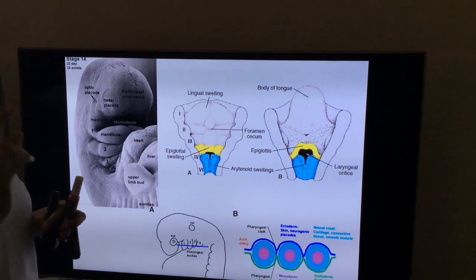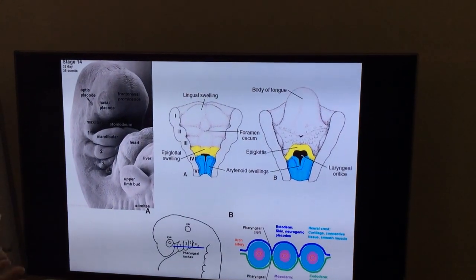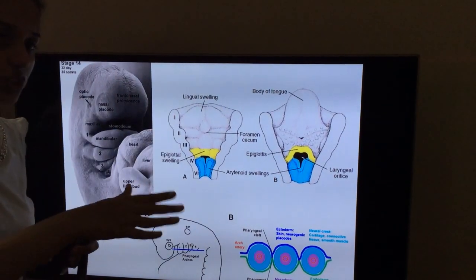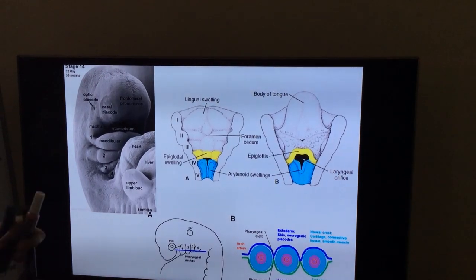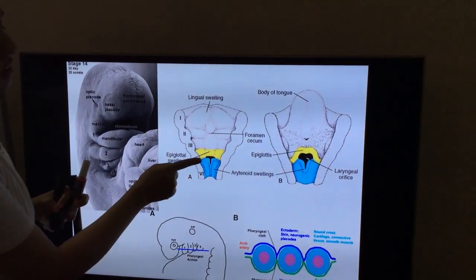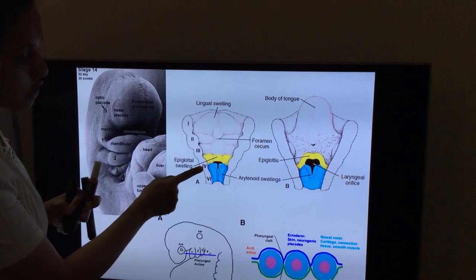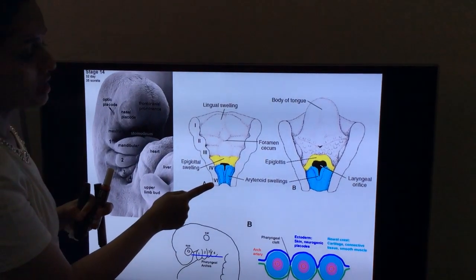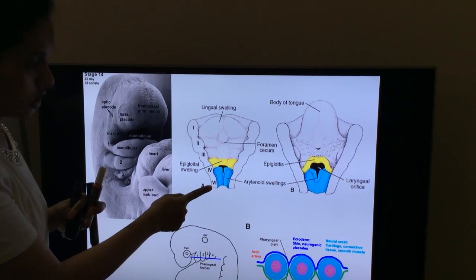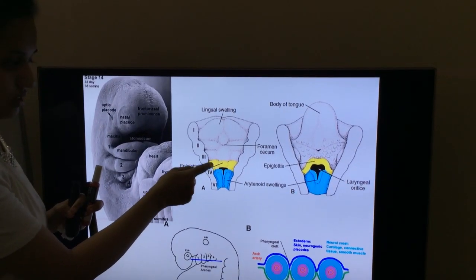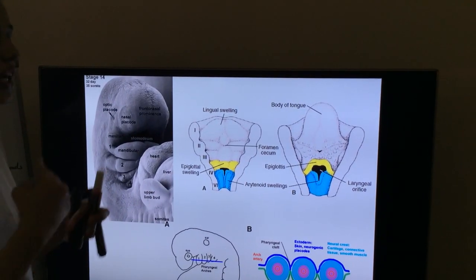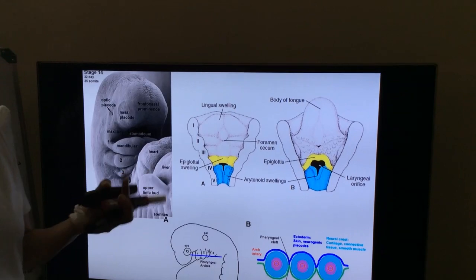Okay, so the two branches of the vagus nerve, one is external laryngeal, that is superior laryngeal, and recurrent laryngeal nerve. Superior laryngeal nerve is the nerve of the fourth arch, and recurrent laryngeal nerve is the nerve of the sixth arch. In the superior laryngeal nerve, again there are two branches, external and internal.